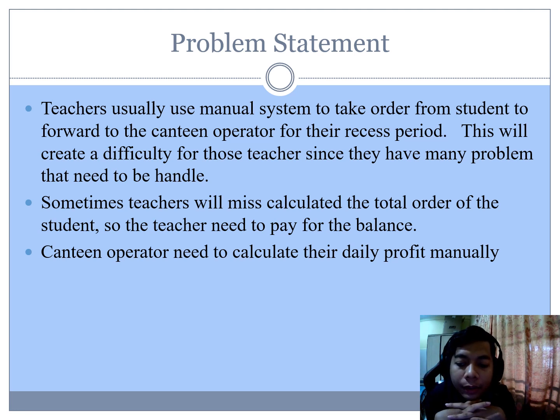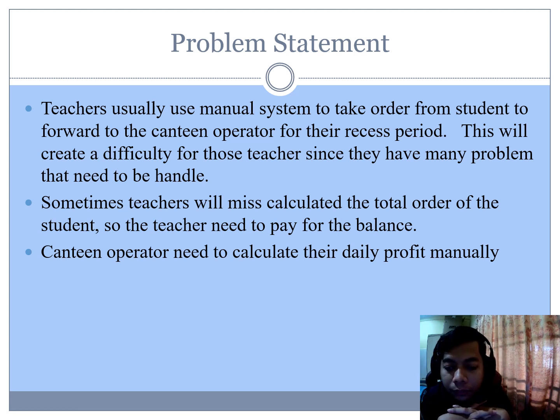This creates difficulty for teachers since they have many things to handle. Sometimes the teacher will miscalculate the total order of the students, so the teacher needs to pay for the balance. The canteen operator also needs to calculate their daily profit manually.